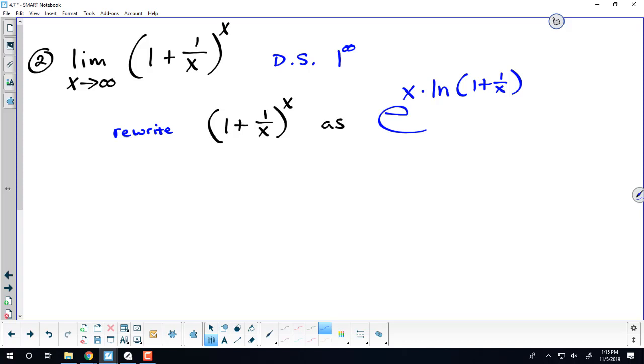And then we're computing e to the limit at infinity of x natural log of 1 plus 1 over x.